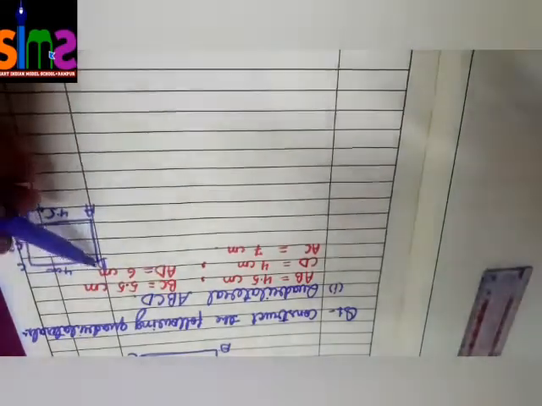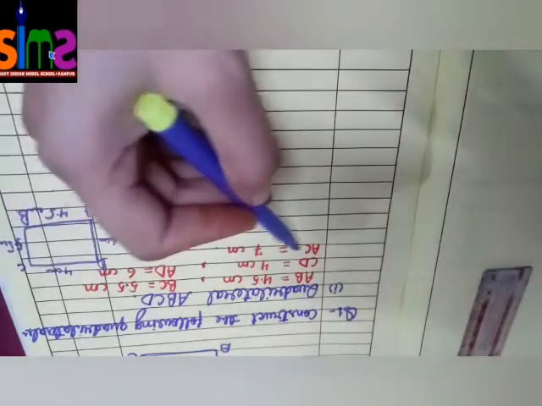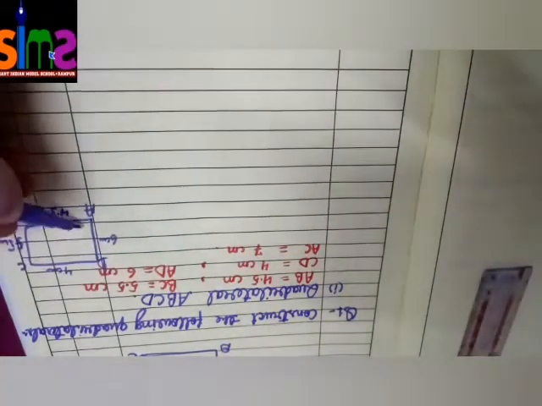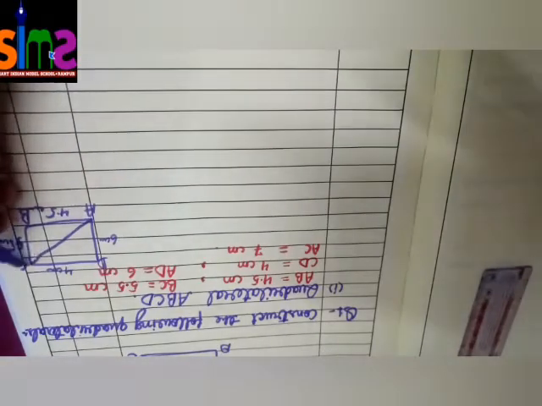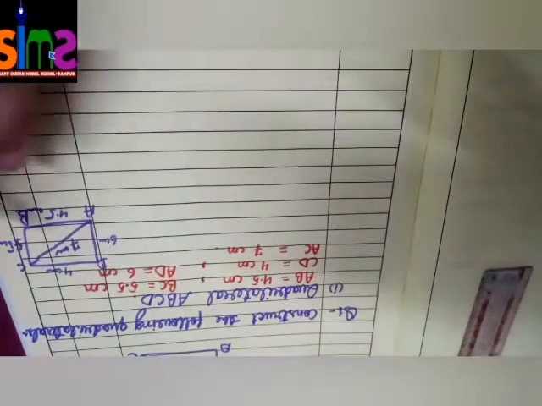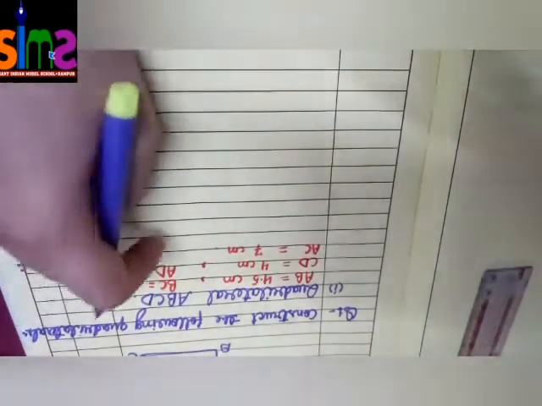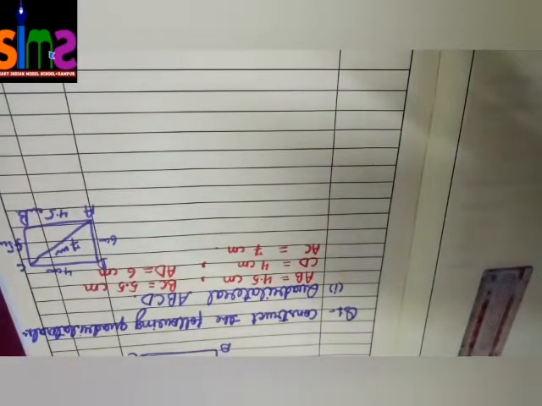Then AD is 6 cm. And then AC is a diagonal and the diagonal is 7 cm. So we need to draw a quadrilateral ABCD of these measurements. So let's start drawing quadrilateral ABCD.